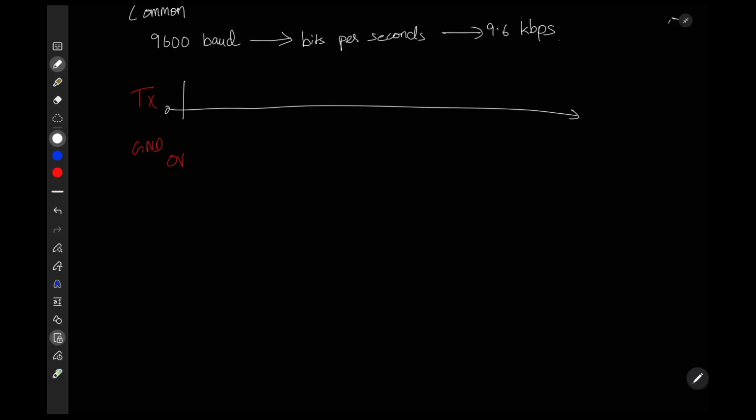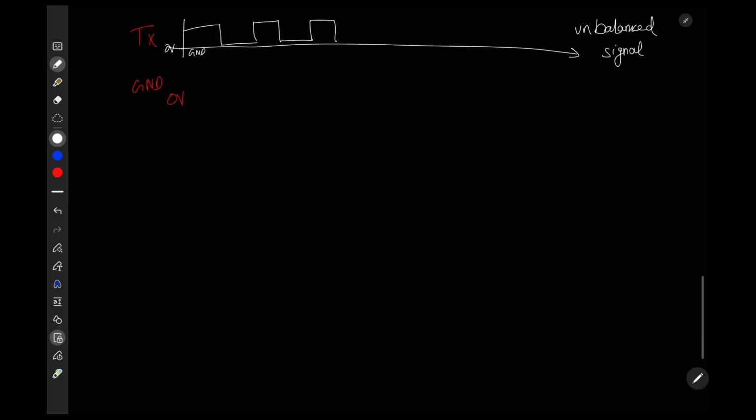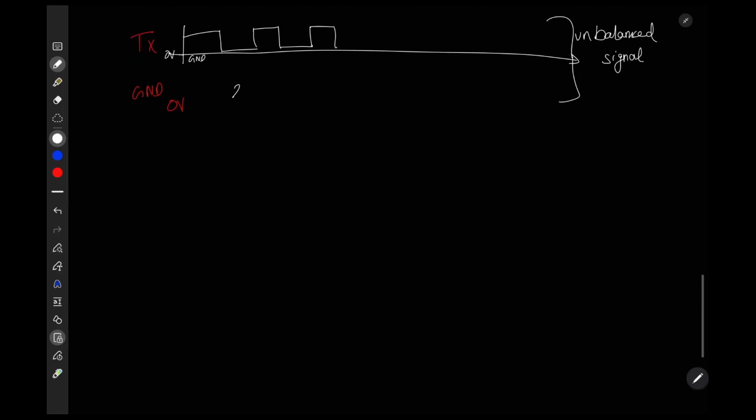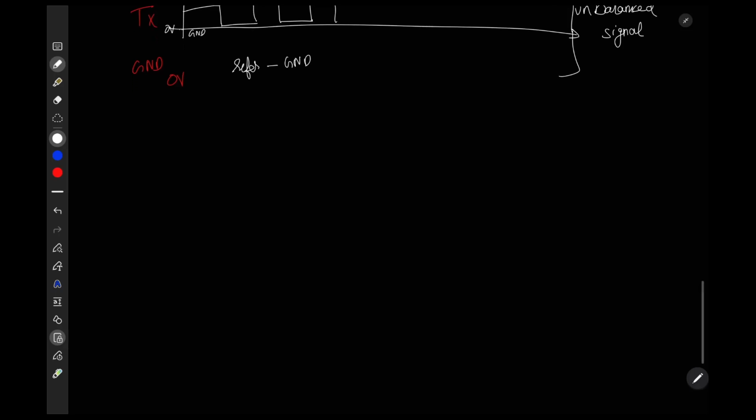So this is 5, 0 like this. It will be referred to the ground. This is called an unbalanced signal. This is unbalanced, meaning the reference is the ground.